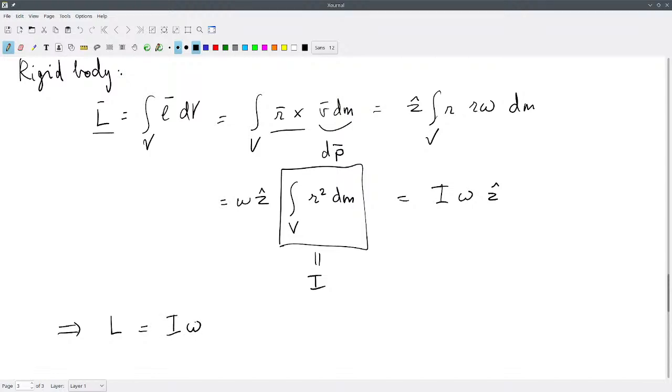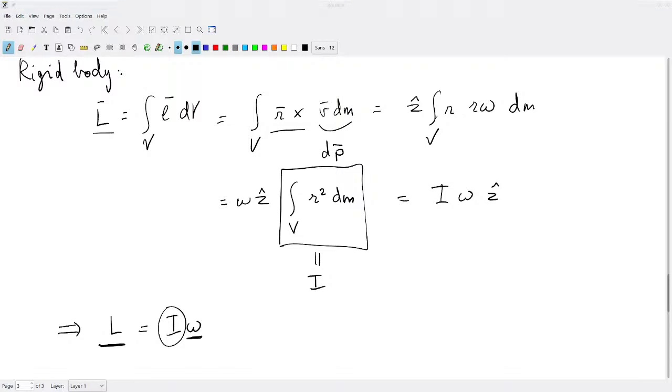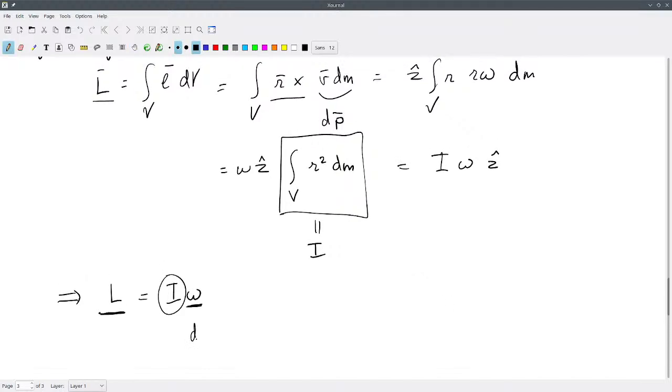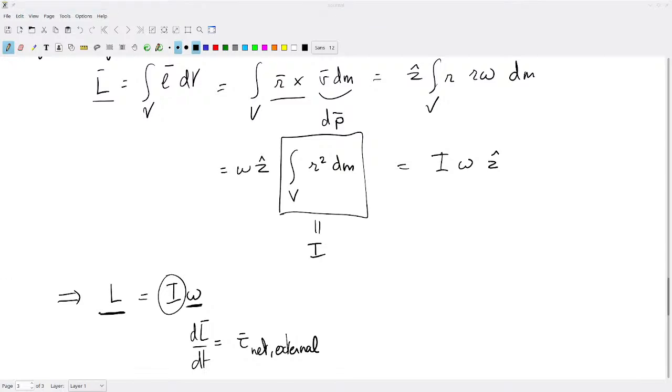So for rigid bodies around an axis, the moment of inertia around a certain axis times the angular velocity around that axis will give us the angular momentum of that body around that axis. And of course, the same thing is still true as before, that dL/dt will be equal to the net external torque on those rigid objects.